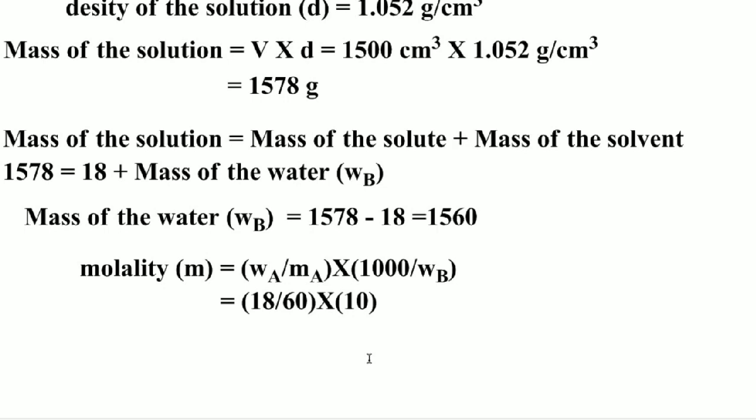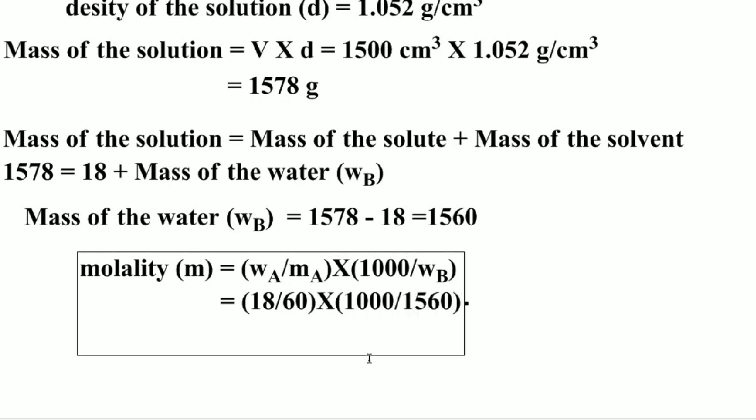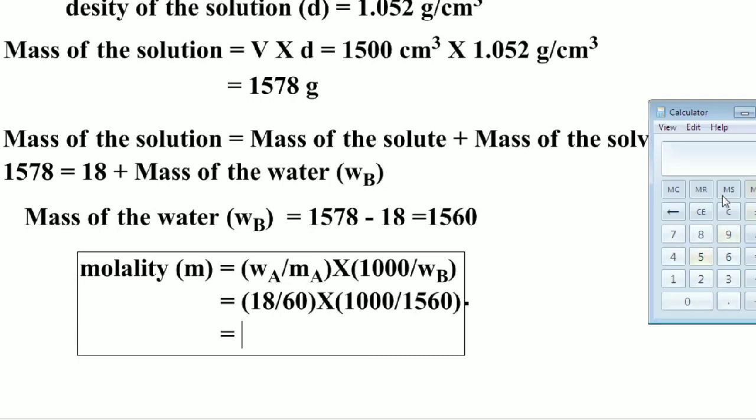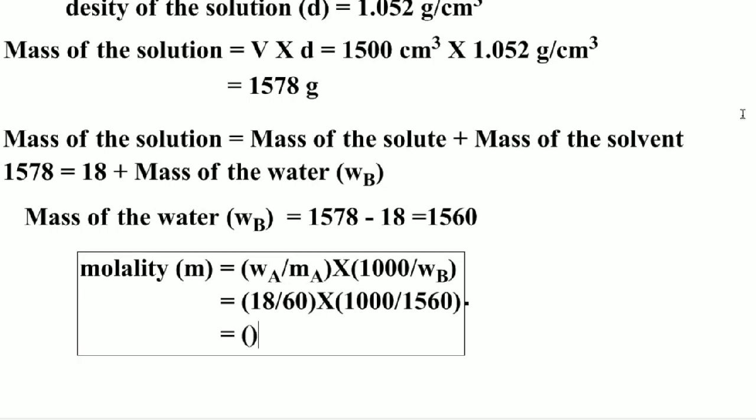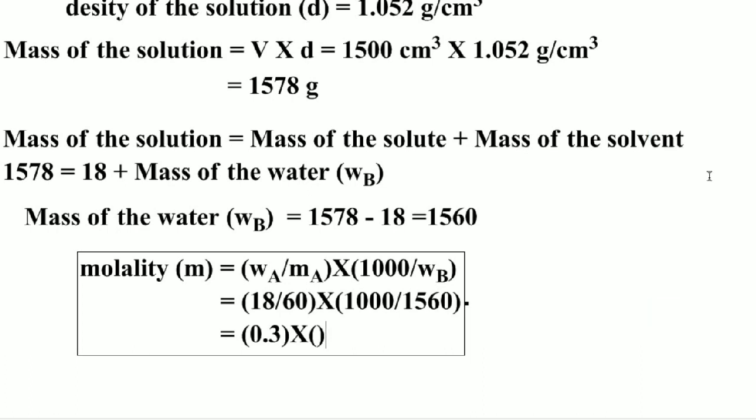by 1560. So 18 divided by 60 gives 0.3. Then 0.3 into 1000 by 1560. 1000 divided by 1560 gives 0.64.